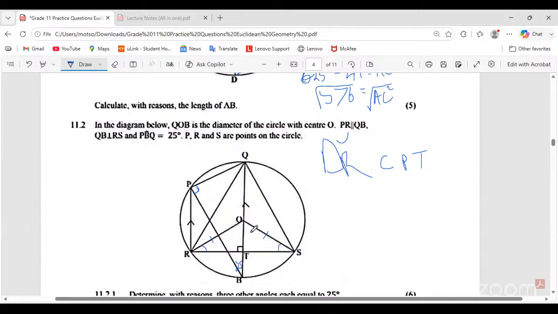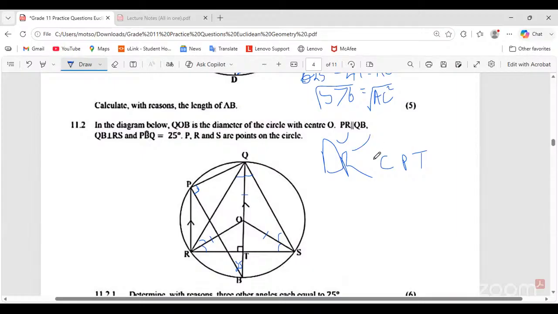And then this is also a radius. This and this are equal. Therefore, this angle and that angle are equal, angles opposite equal sides. And this is also equal to this, reason being angles opposite equal sides. Okay, we are done with the radius.